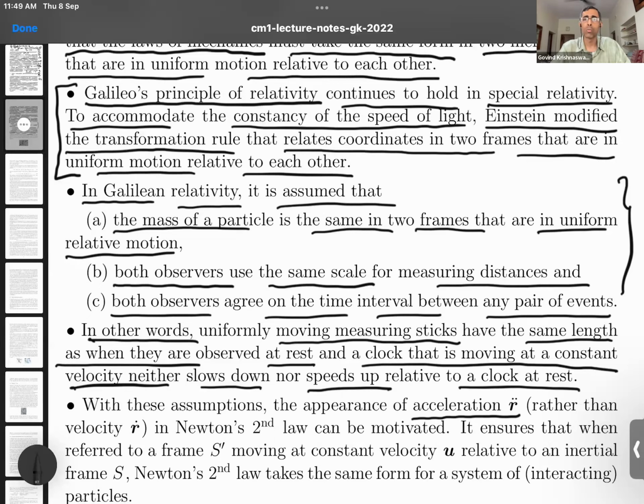I, sitting in my room on the ground, would say no, it took some other time. These two are not the same, and those differences will go away if the speed of light is infinite. Then we will come back to Galilean relativity, and by that argument it will be possible to see where the assumptions A, B, C sort of fail.